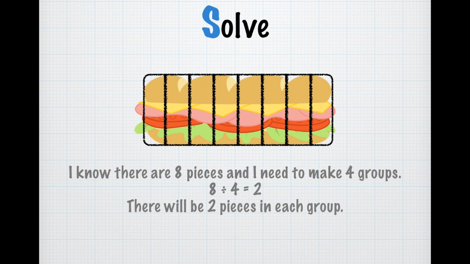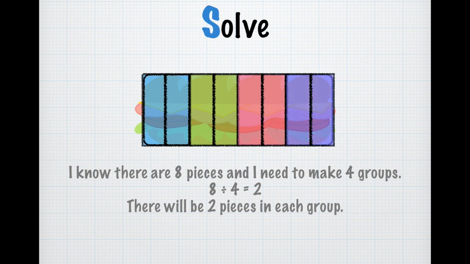So I know that there are 8 pieces, and I need to make 4 groups because there's 4 people eating the sandwich. And I know 8 divided by 4 equals 2, so there will be 2 pieces in each group. So there's one group, another group, another group, and my last group.